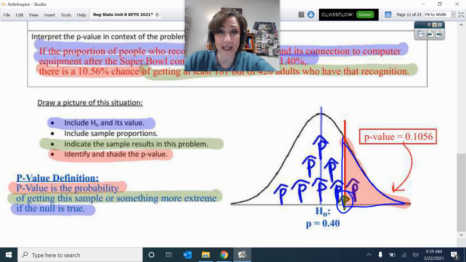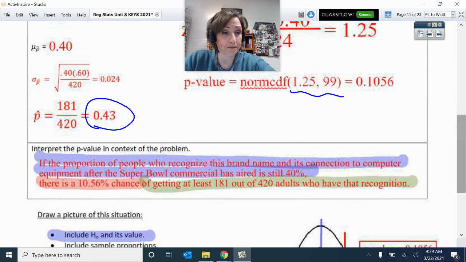So in the next lesson we'll say, I don't think that that's unusual. That could very much just be because of sampling variability. So I don't have a reason to reject that claim of it still being 0.40.